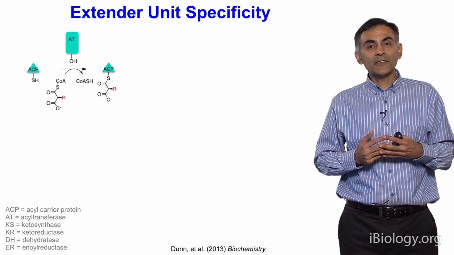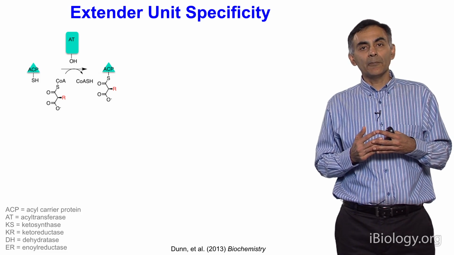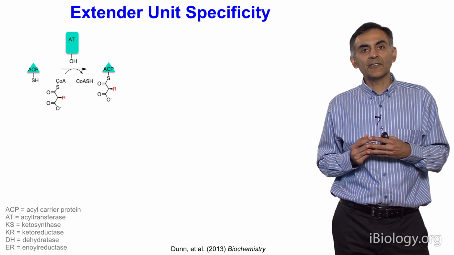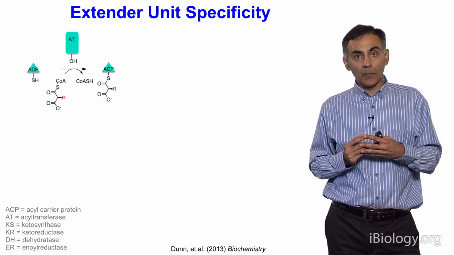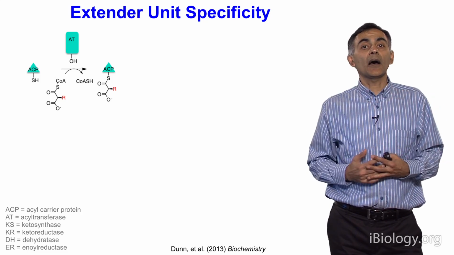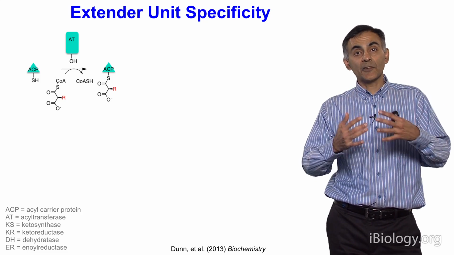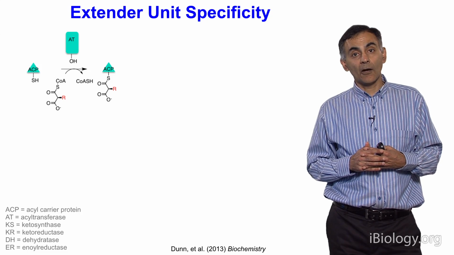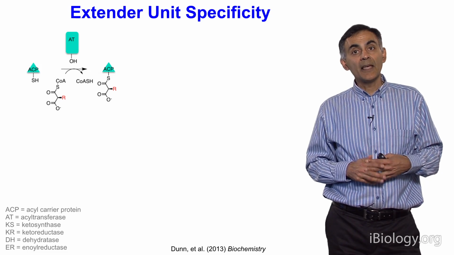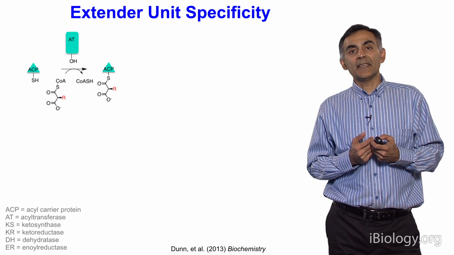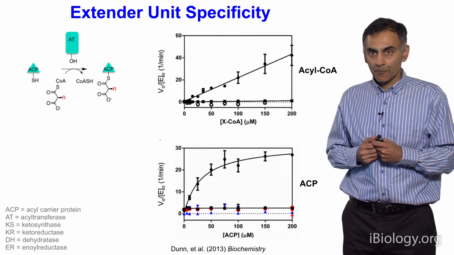In the case of DEBS, the R group that is shown in this enzymatic scheme would be a methyl group. Other polyketide synthases can use coenzyme A thioesters that contain other functional groups in place of a methyl group over here. And all of these choices are made by the acyltransferase.